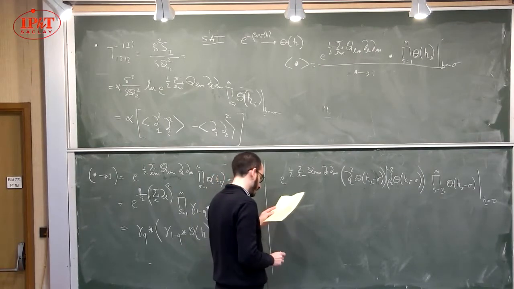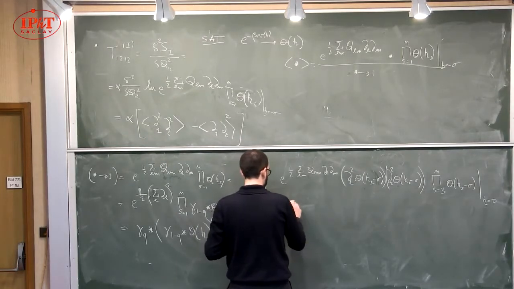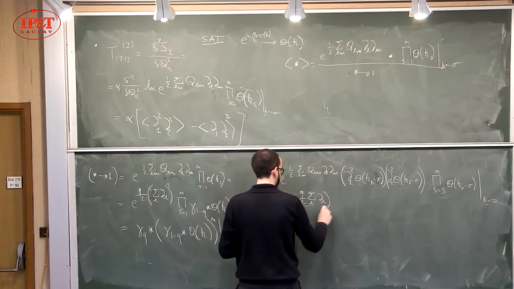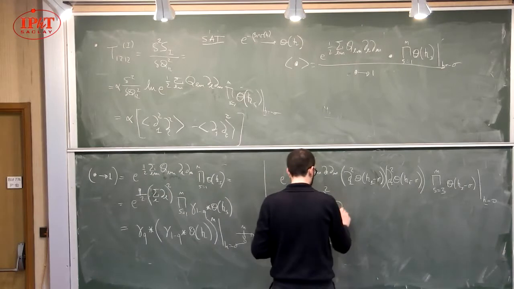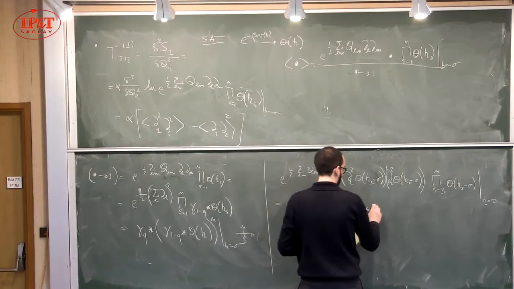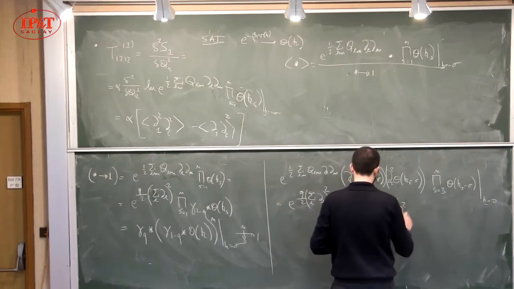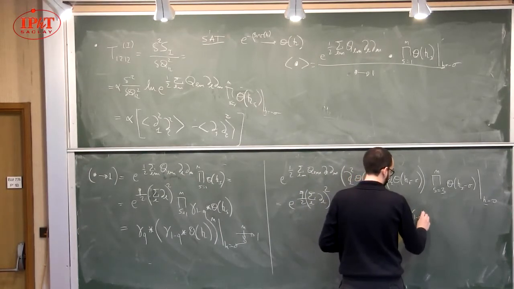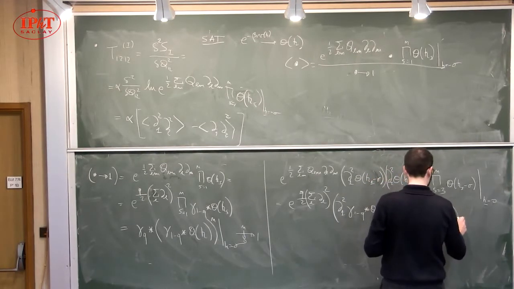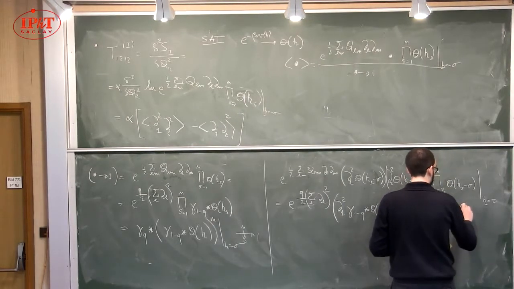And so, of course, what I get is just, I write and then I explain. And then I have here, sorry, from 3 to n.